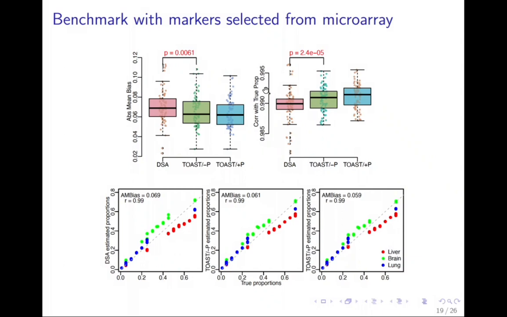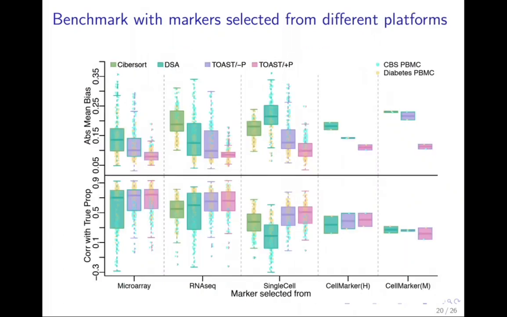But in reality, if we have the reference panel from microarray, we can directly do reference-based deconvolution. So it's more important to evaluate our method with markers selected from different platforms. This result is my favorite figure.